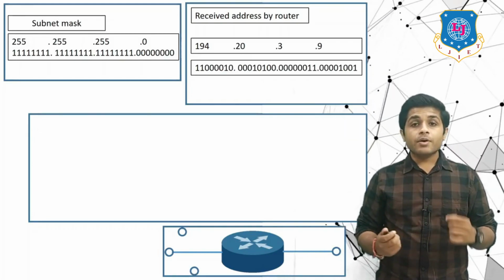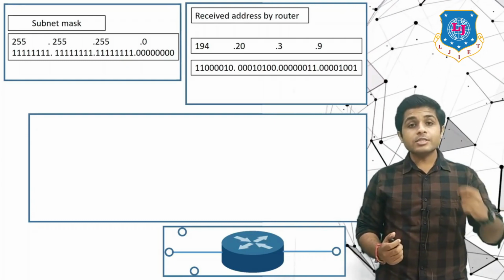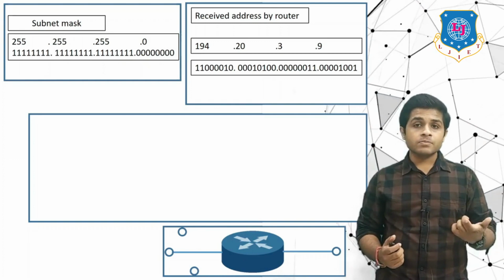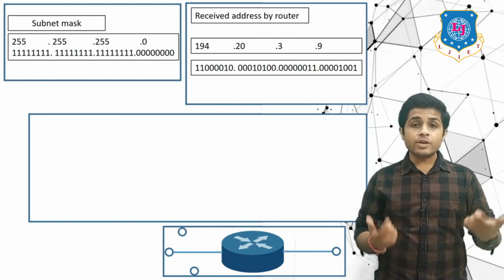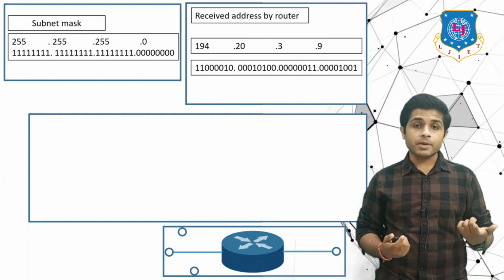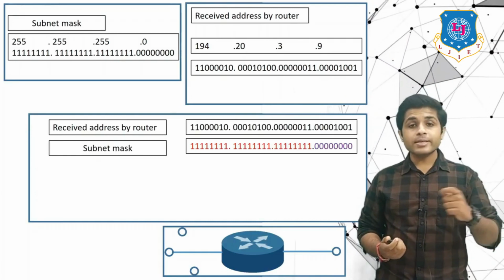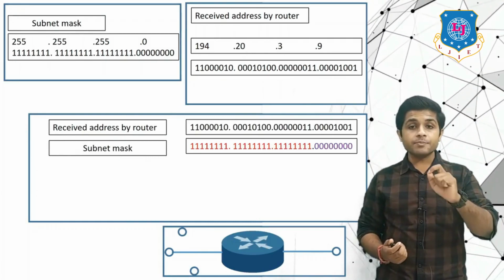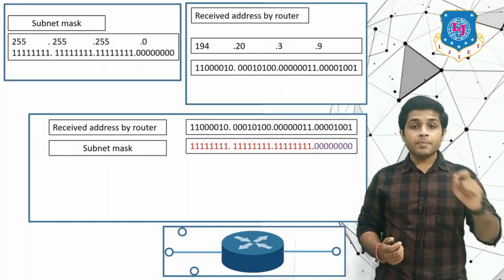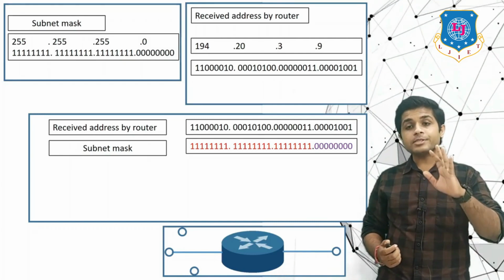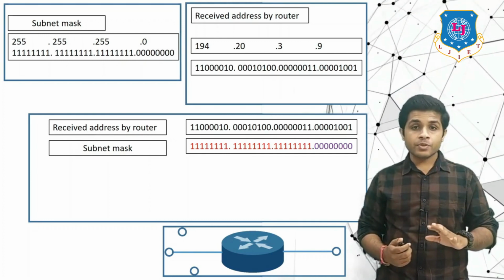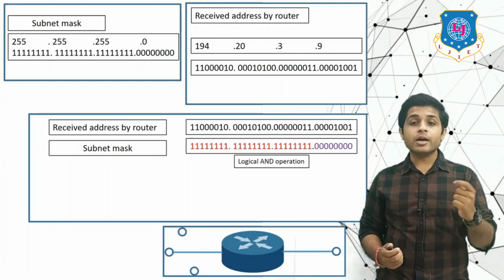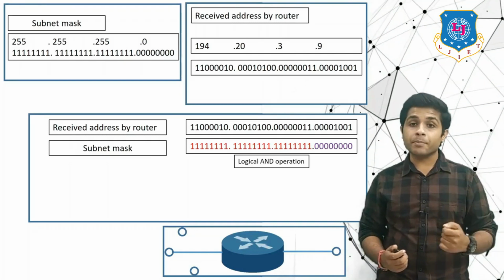The router uses the subnet mask to find the network address. So how does it find the network address using the subnet mask? You can see that this is the address received by the router and the subnet mask, both written in binary. The router will simply perform the logical AND operation between these two numbers.